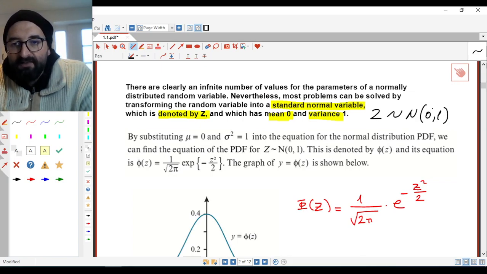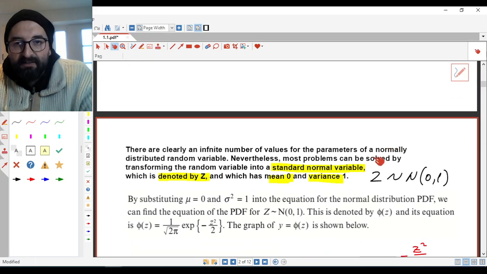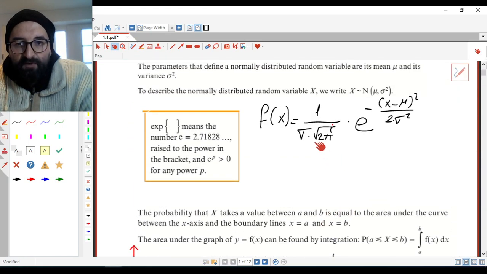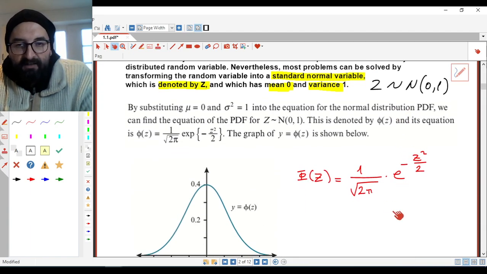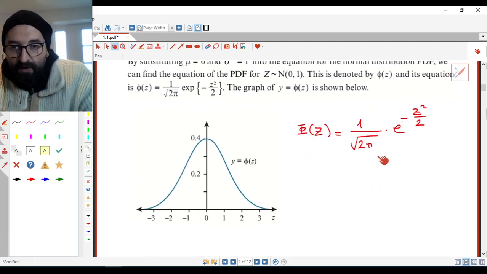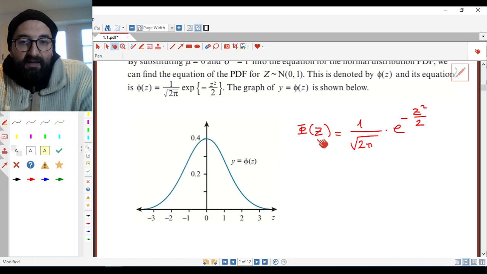If you write 0 instead of mu and 1 instead of sigma squared in this function, you can simplify it to this function, and we call it phi(z). Phi(z) is now very short and very clear, and the graph of phi, as you see on the right side, is this curve.